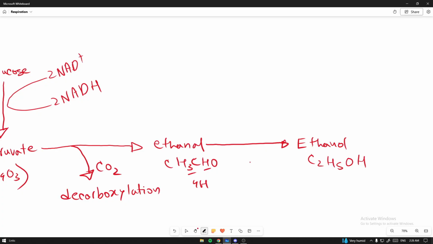Now, here, an enzyme called alcohol dehydrogenase is used.